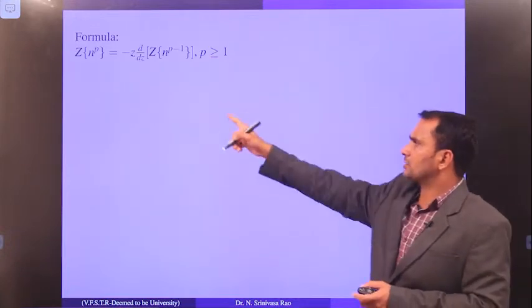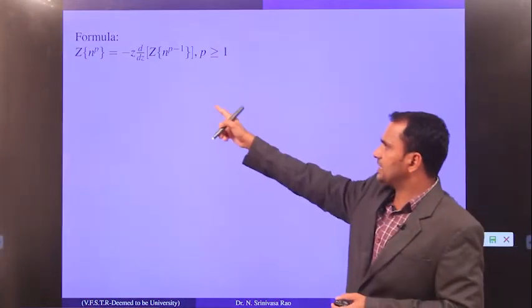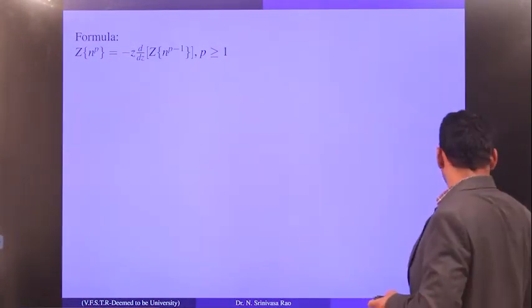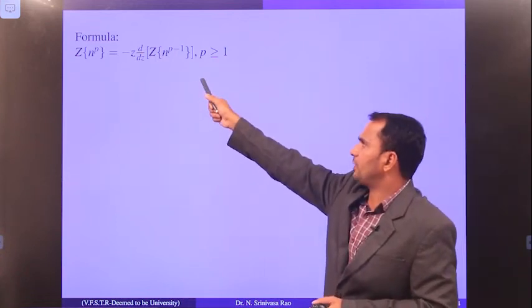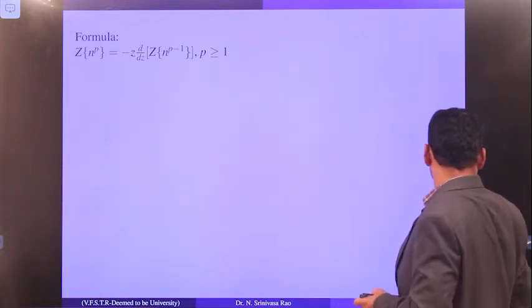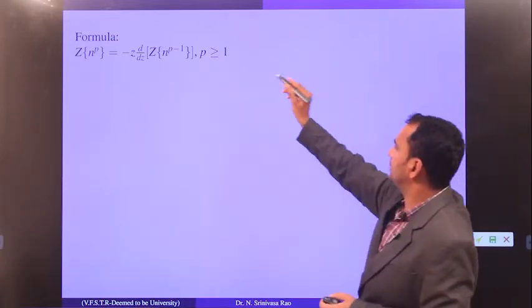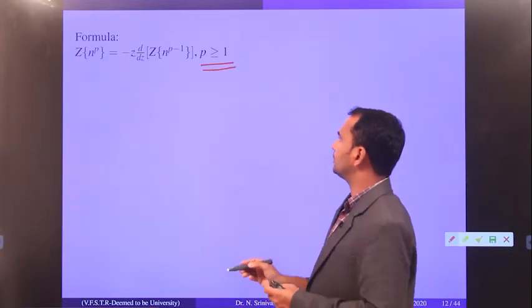So now you just look at Z transform of n power p, which is defined as minus z into d by dz of Z transform of n to the power p minus 1, where p runs from greater than 1. So I have told you already.